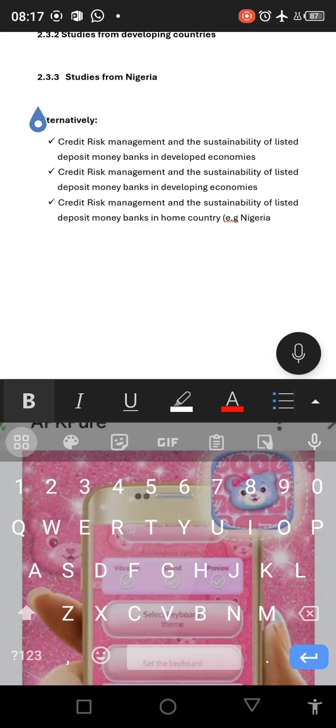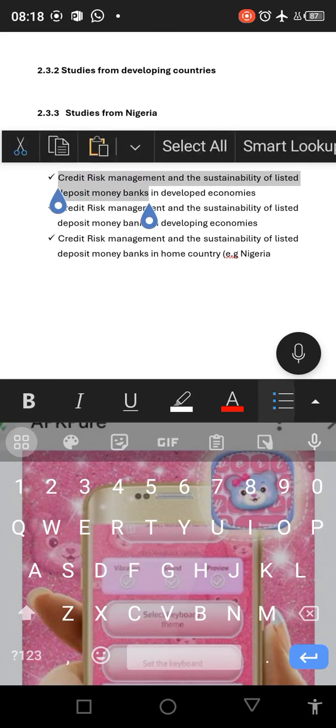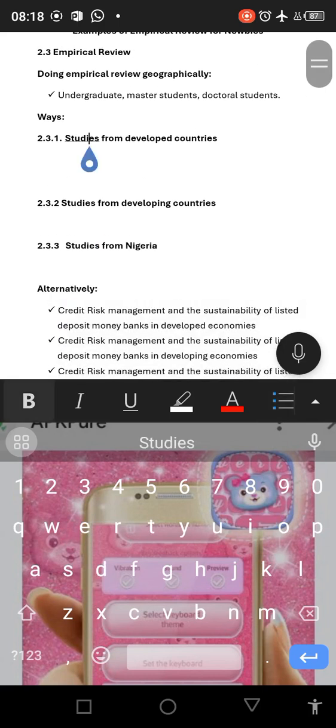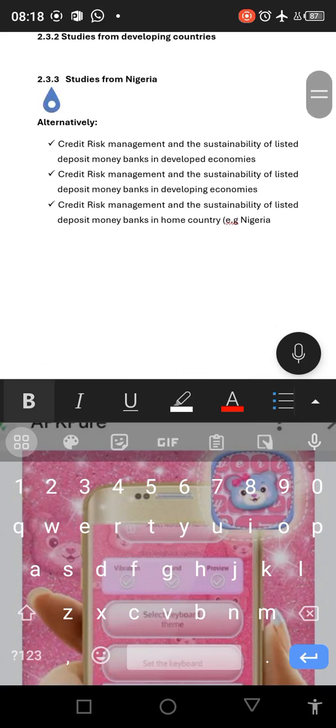Now, let's assume that the topic I'm working on is this: credit management and sustainability of listed deposit money banks. That is my topic. Now, instead of reviewing my studies based on this simple heading of studies from developing country and studies from Nigeria, I will include my topic.